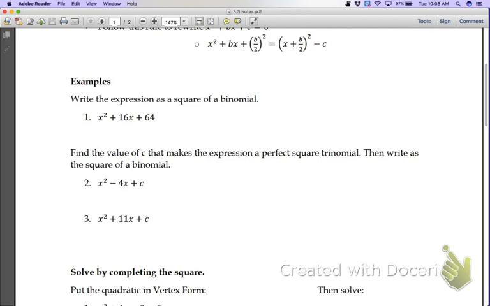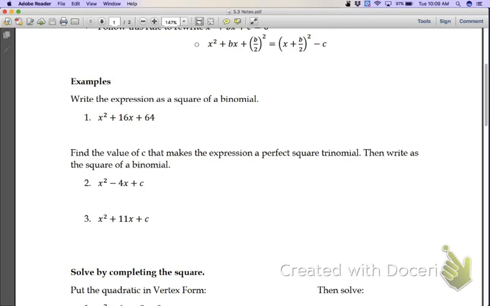So if it's a perfect square, you have to be able to divide that middle term by 2, and that number squared has to equal the back term. So 16 divided by 2 needs to be the same thing as 8, and 8 squared is the back number.